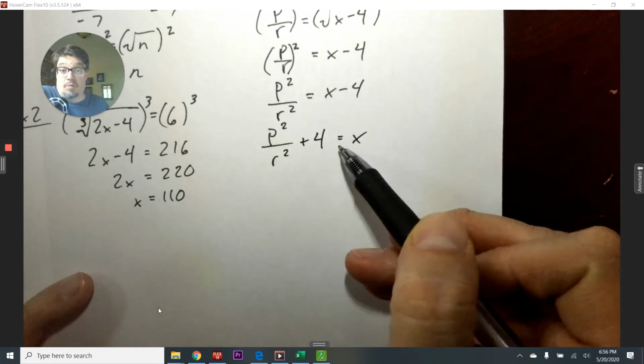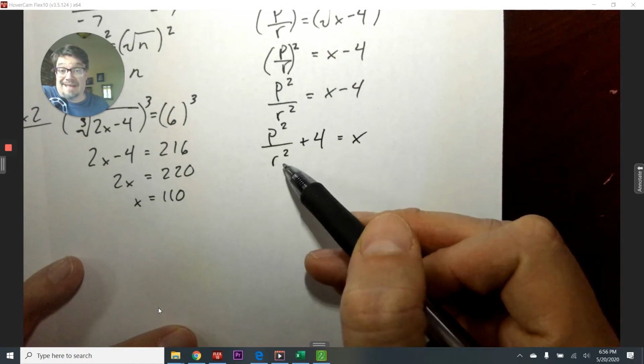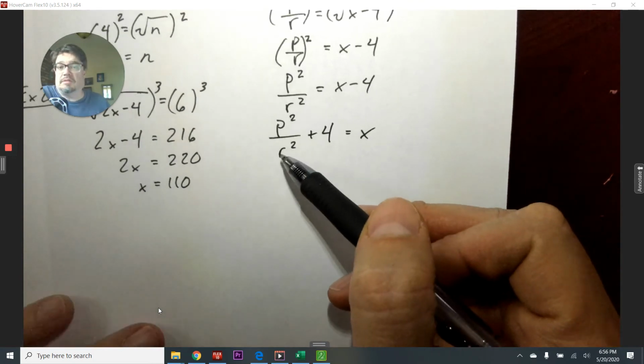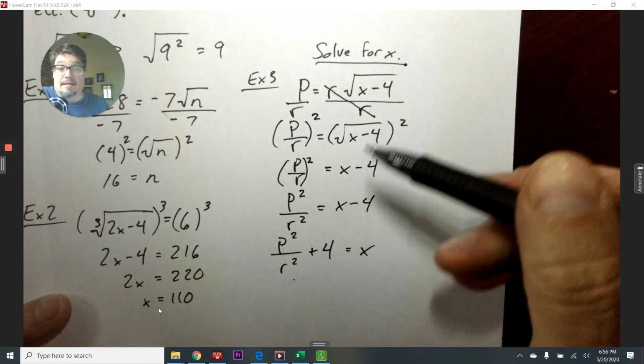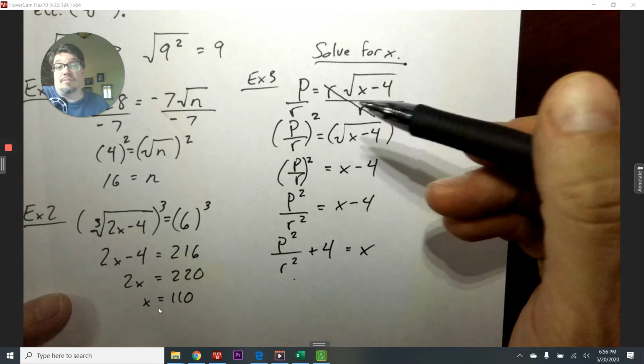The plus 4 will not go up here because that would mean that the 4 has to be divided by r squared. So you're just left with this kind of strange little formula, but this is when p was by itself, and this is when x is by itself. We could have done it again where r is by itself.